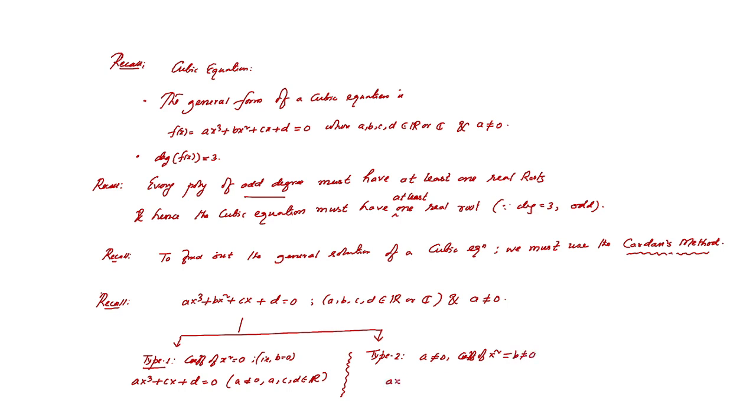So that means it is ax cube plus bx square plus cx plus d equals to 0, where a is non-zero and b is non-zero. This point is important: the coefficient of x square is not equal to 0, and this makes exactly type 2. So all are real or complex.